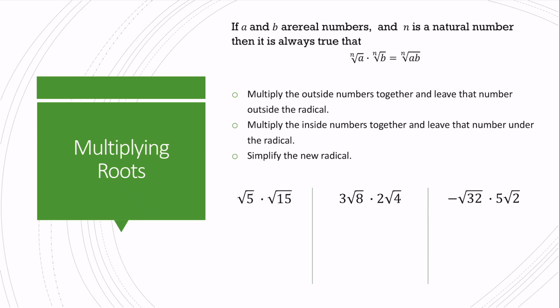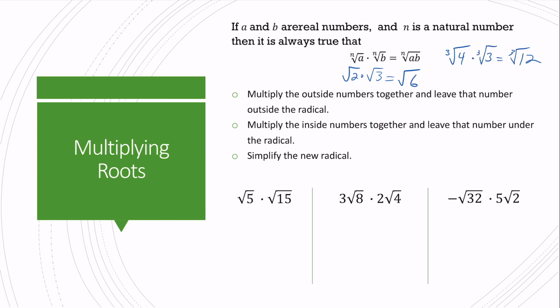So when we're multiplying roots, what we want to do is multiply what's under the radicals. That's our rule. As long as I'm multiplying radicals that are the same, like the square root of 2 times the square root of 3, I multiply what's underneath them, and it becomes the square root of 6. If I've got the cube root of 4 times the cube root of 3, that becomes the cube root of 12.